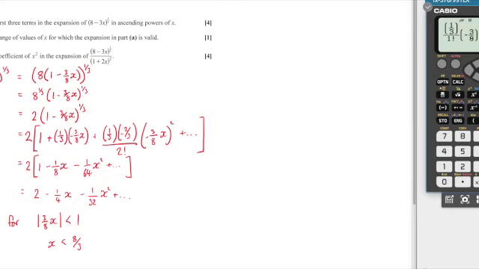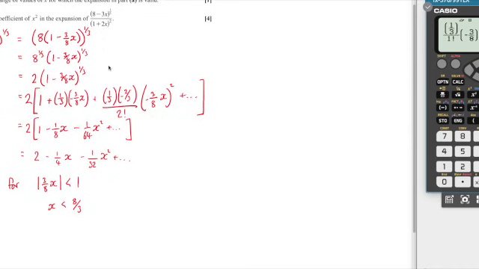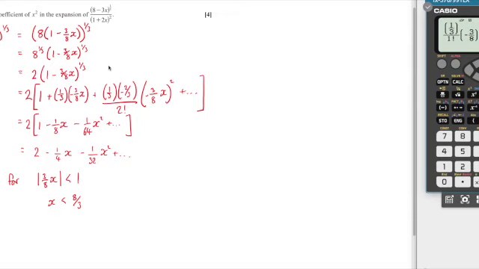Find the coefficient of x squared in the expansion of, well, that top is what we've just done, so the bottom then is, let's just write this down. So we are going for x squared in 8 minus 3x to the third over 1 plus 2x squared.